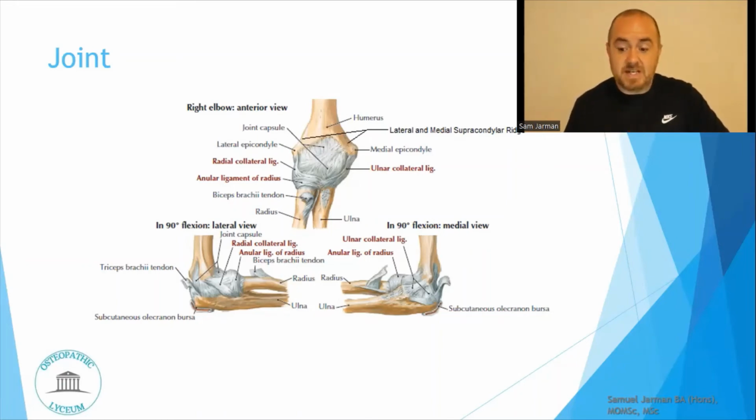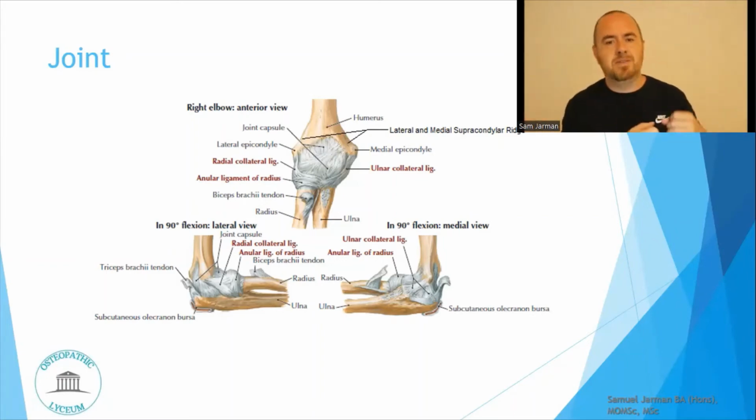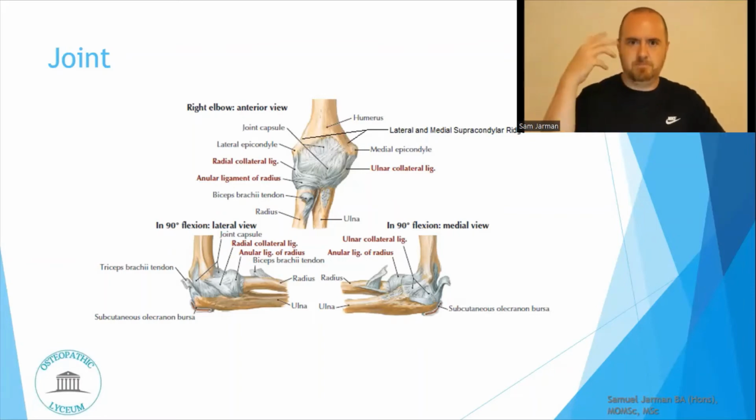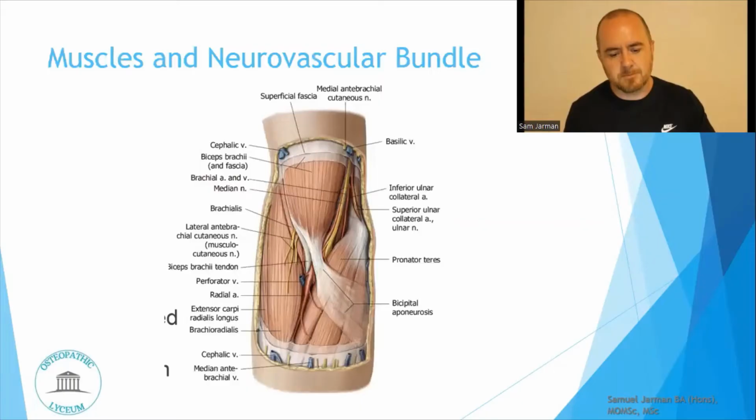Now this is obviously an artist rendering, but there's a bunch of ligaments there. You've got your radial and ulnar collateral ligaments, and you've got the annular ligament, so a bunch of stuff happening there to keep this together. The elbow itself is really the humerus and the ulna, but there is connection between the humerus and the radius. So just to bring that top of mind.